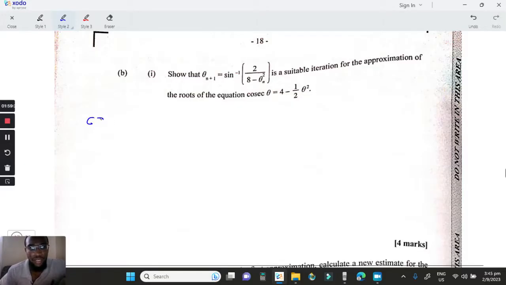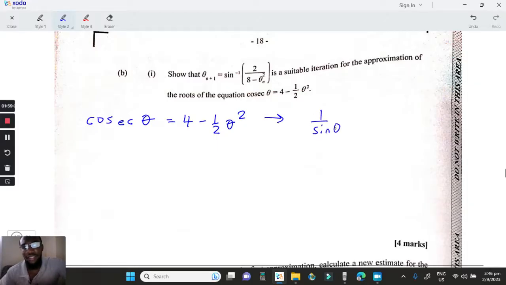So, in this case we have cosec theta is equal to 4 minus half theta squared, but cosec theta is 1 over sine. So that implies we're solving 1 over sine theta equal to 4 minus half theta squared. And in this case now, we can multiply through by 2.